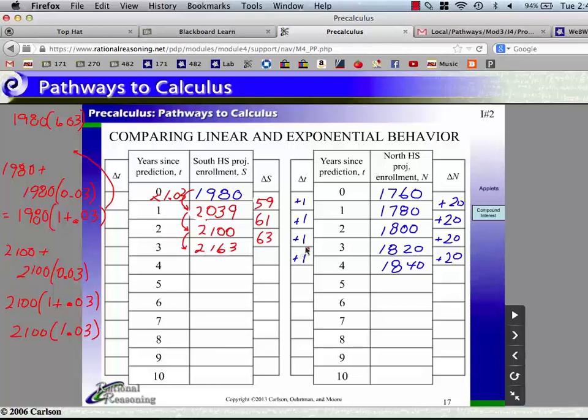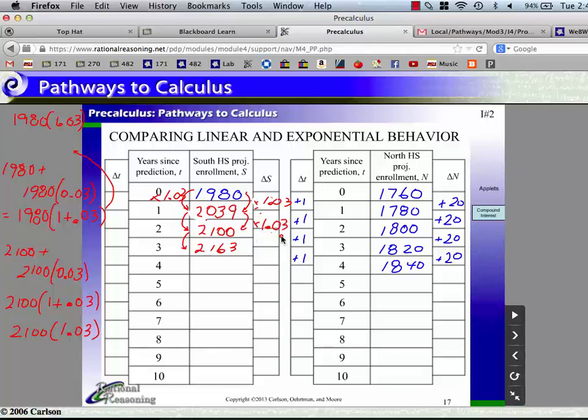So the amount of change is different, but this multiplier stays the same. Well, that should sound familiar. We're always multiplying by 1.03. Multiply by 1.03 to get the next what?